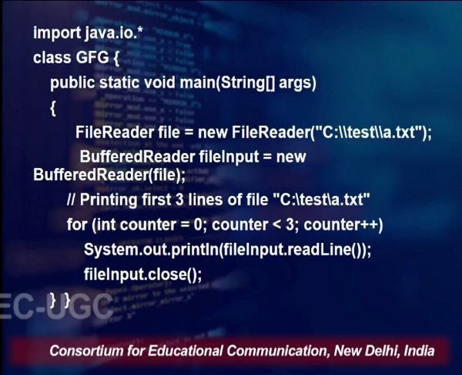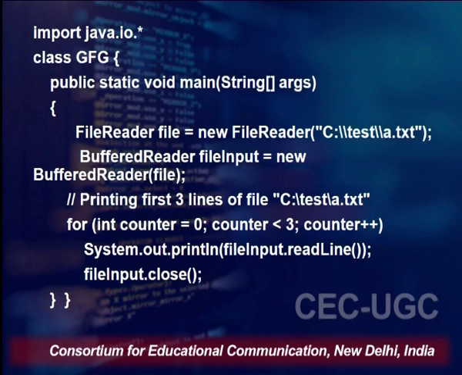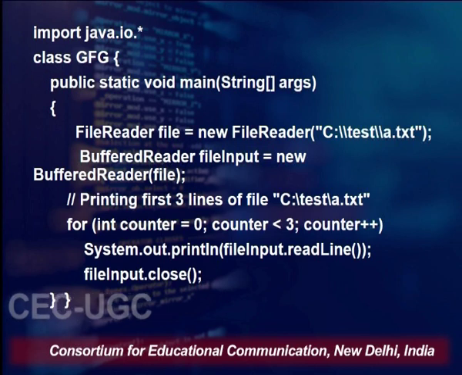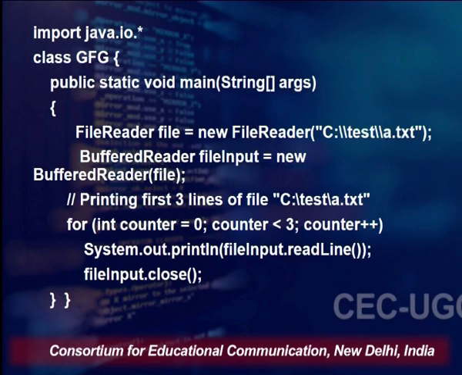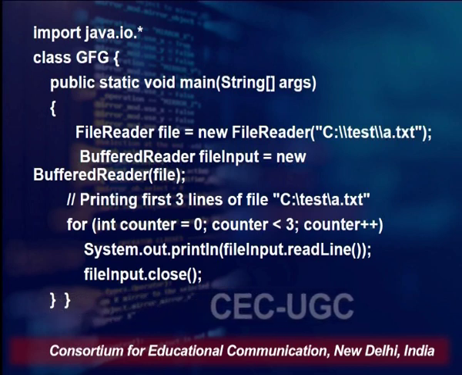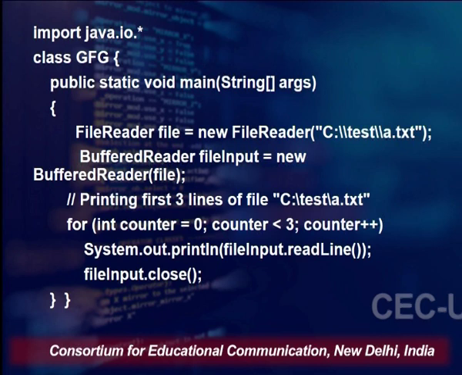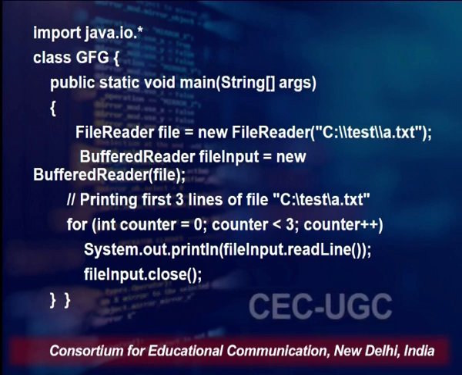As the agenda is to read 3 lines, we have started a for loop in which we maintain a counter: for int counter equals 0, counter less than 3, counter plus plus, System.out.println of fileInput, which is the instance variable of the BufferedReader whose object is pointing towards the instance variable file, and the instance variable file in turn is pointing towards the file C drive test a.txt.